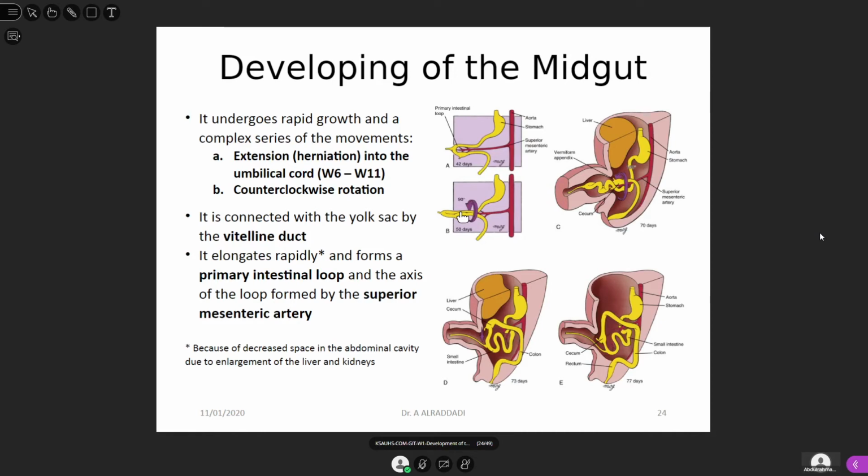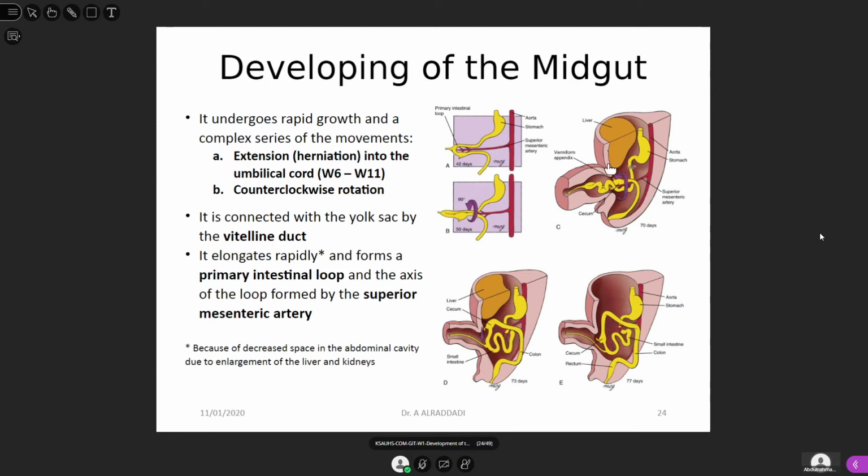Midgut development includes an increase in the length of the midgut, and as a result of the decreased space of the abdominal cavity, due to the enlargement of the liver and kidney, the midgut will undergo physiological herniation.